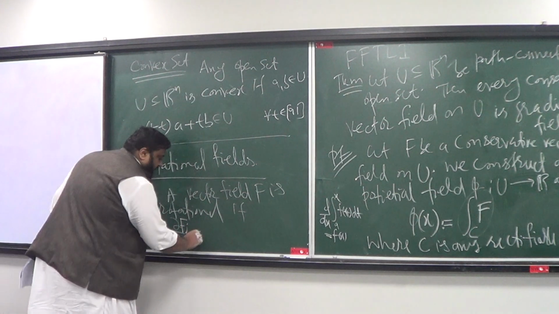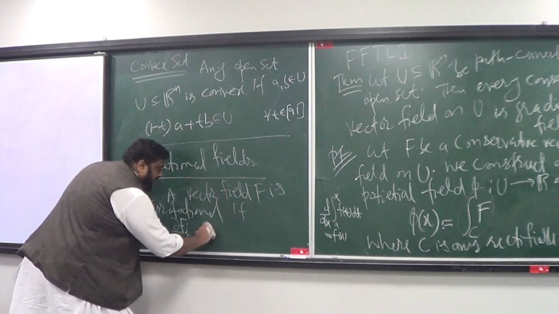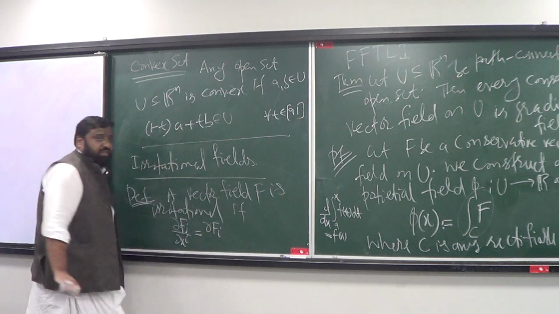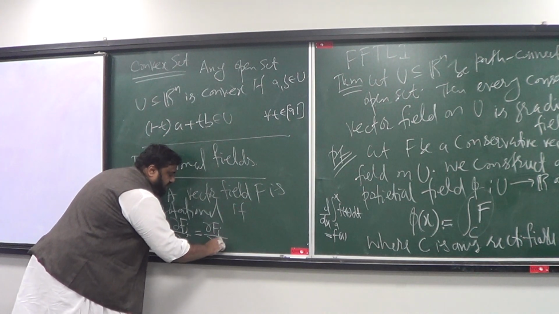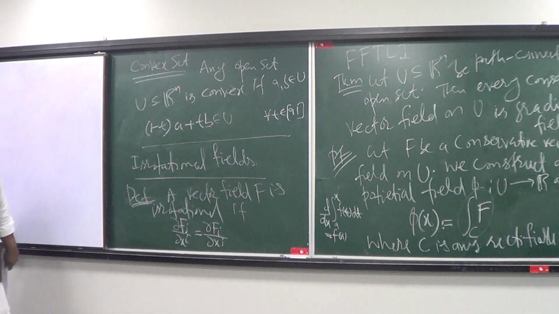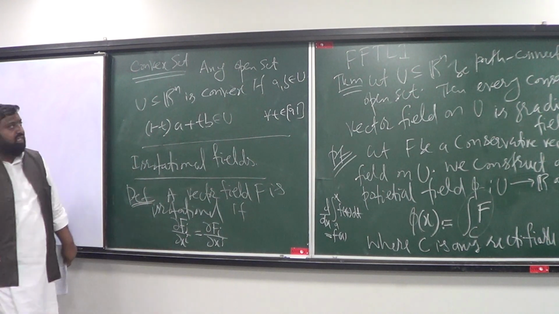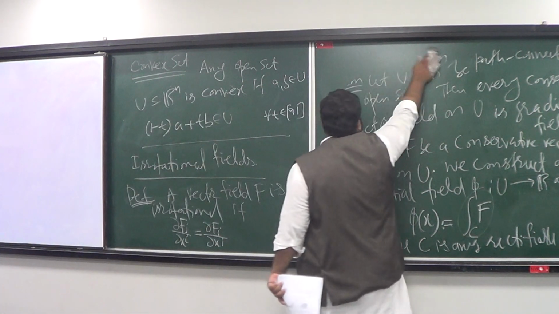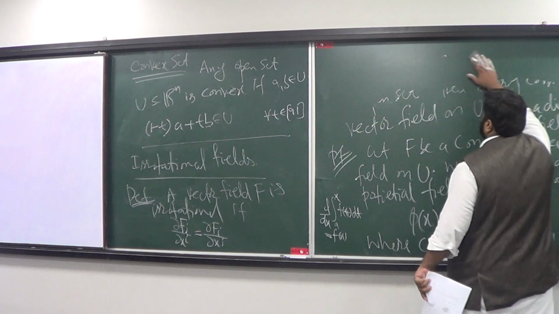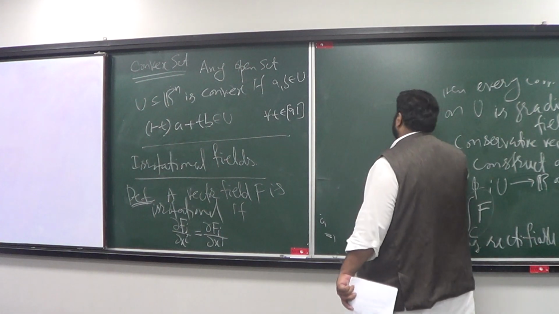This should be equal to the ith component of the vector field differentiated with respect to the jth component of x. So if you have this equality, you say your field is an irrotational vector field. Okay. So for example, in n equal to 3 it makes sense. n equal to 2 would be a very funny situation.